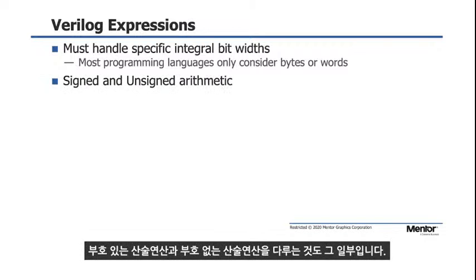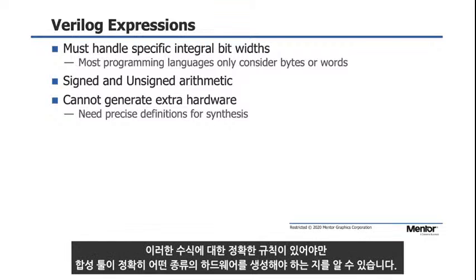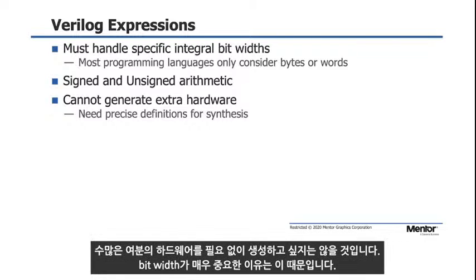Also a part of that is dealing with signed and unsigned arithmetic. There have to be precise rules for these expressions so that synthesis tools know exactly which kind of hardware to create, and we don't want a lot of extra hardware created when it's not needed. So that's why bit width is very important.